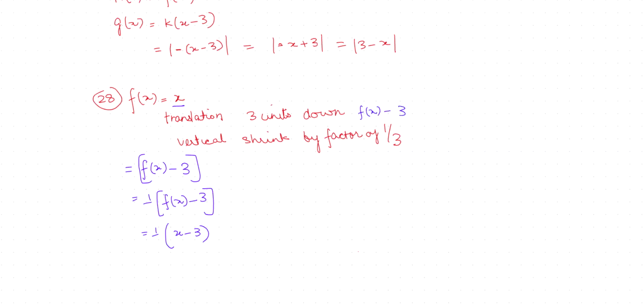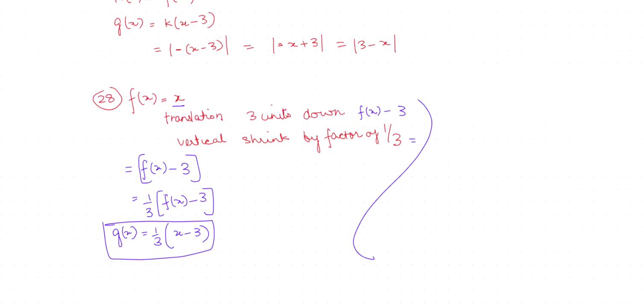Now whatever we have got, we multiply it by 1 by 3. So this is our g of x. If we interchange the steps, we'll get a different answer. So we have to follow the sequence given here.